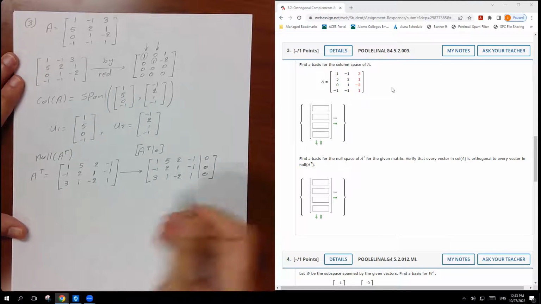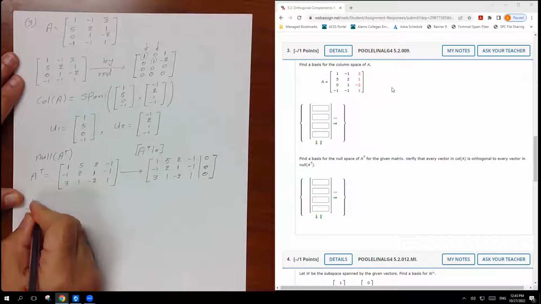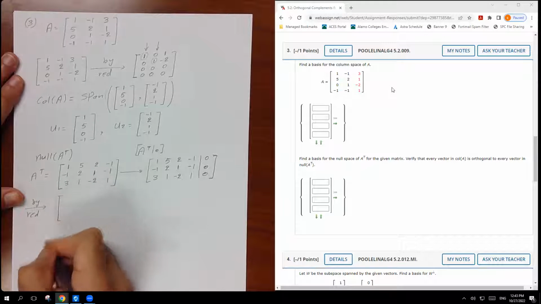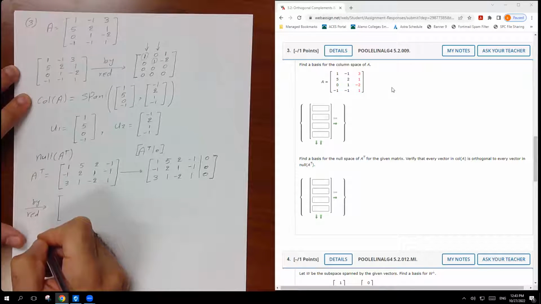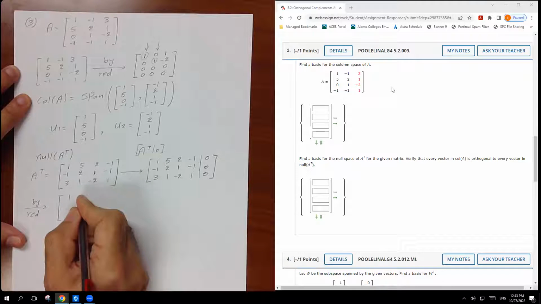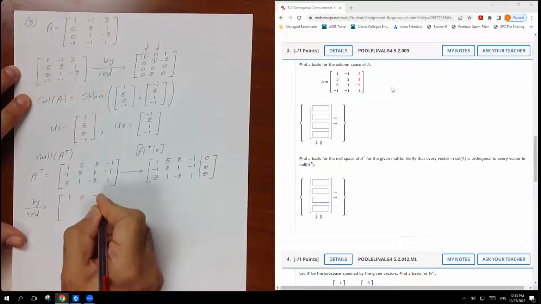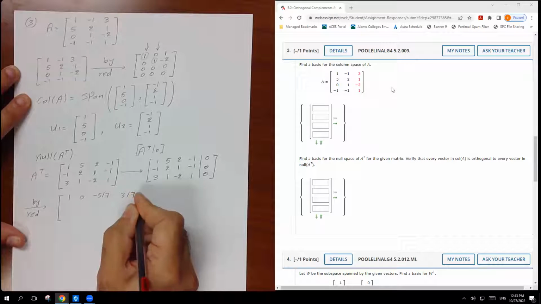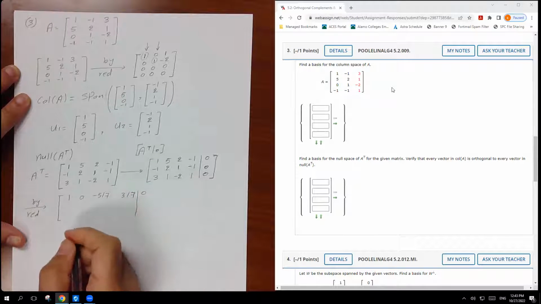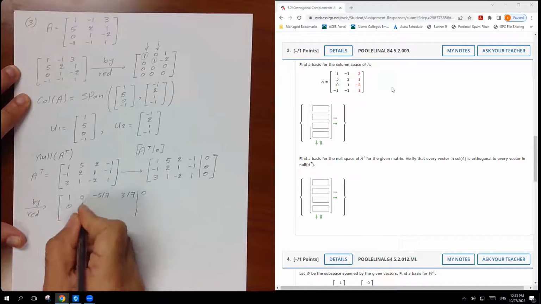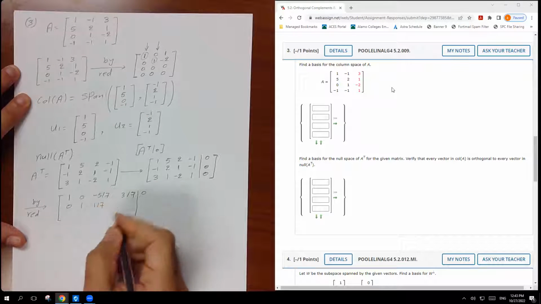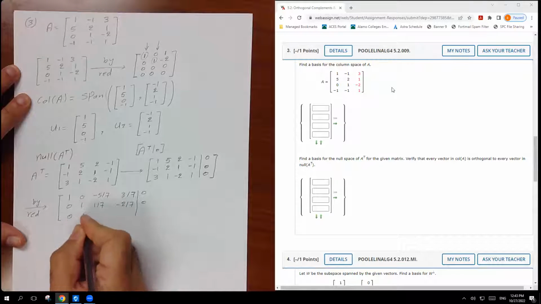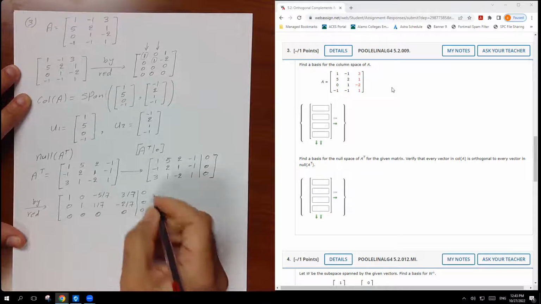So by reduction, I already have it here: 1, 0, -5/7, and 3/7 with the 0, and here is 0, 1, 1/7, and -2/7 with the 0, and all zeros here.